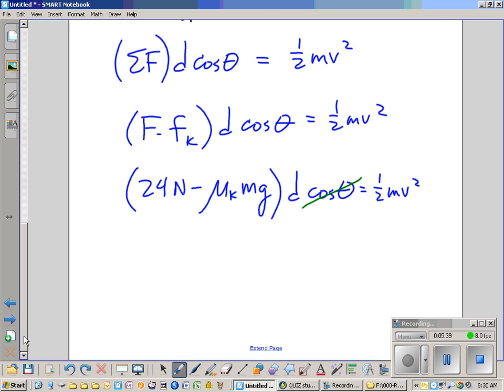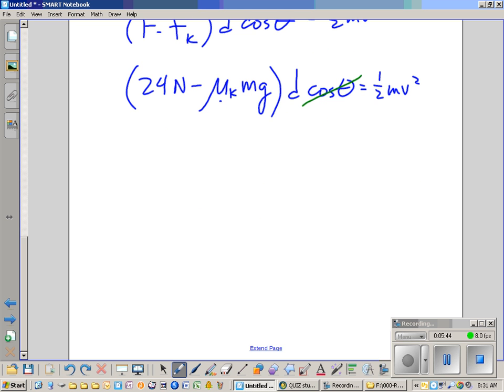And so now, since we're solving for mu here, we're going to have to distribute that d and do some rearranging, okay? I'm just going to go back to calling this F until I'm done rearranging. We're going to say FD minus mu k mgd, distributing, is equal to 1/2 mv squared.